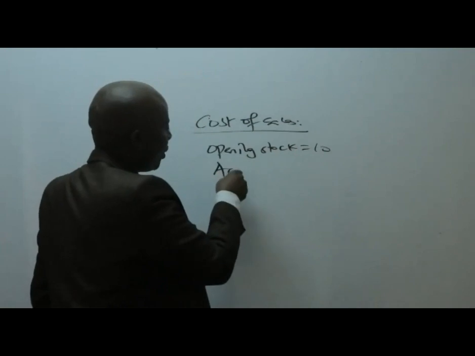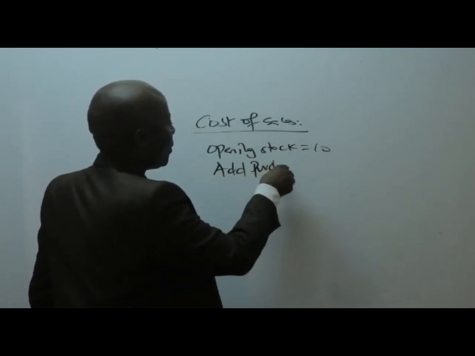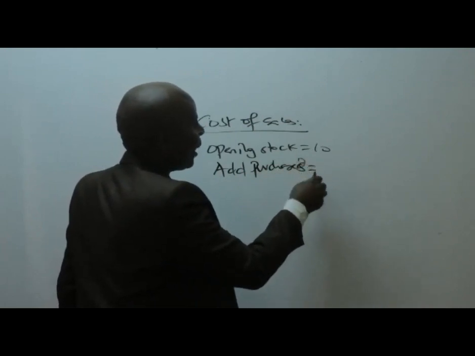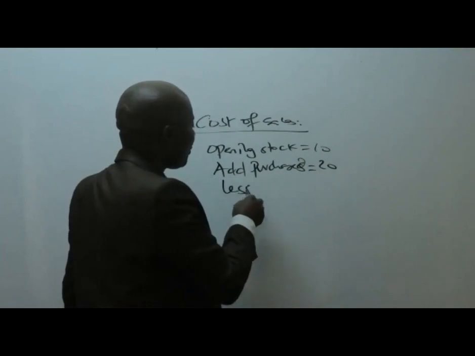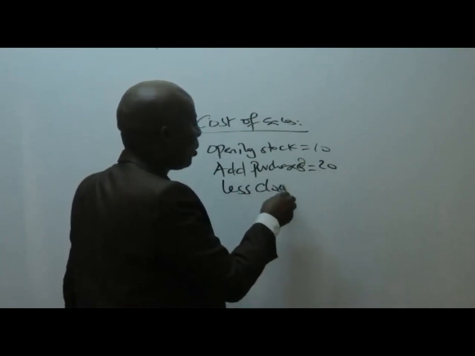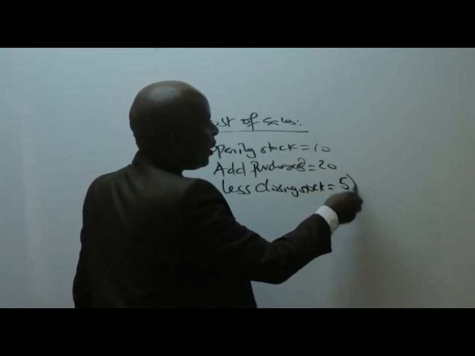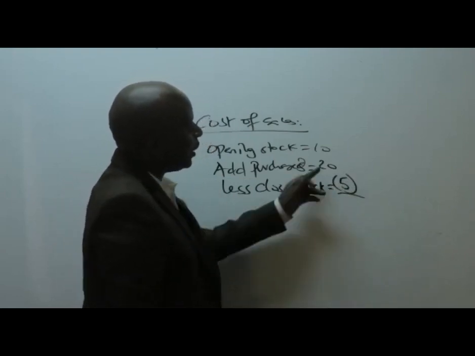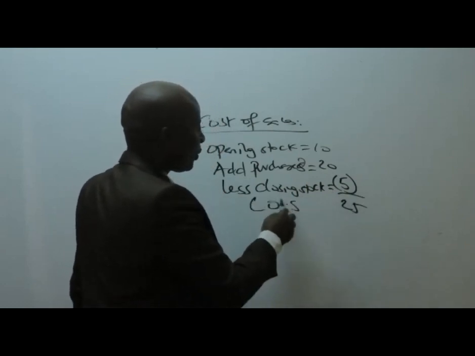We add any purchases, perhaps 20. And then we subtract less closing stock of say 5. So this will be 30 minus 5. This gives me 25, which is my cost of sales.